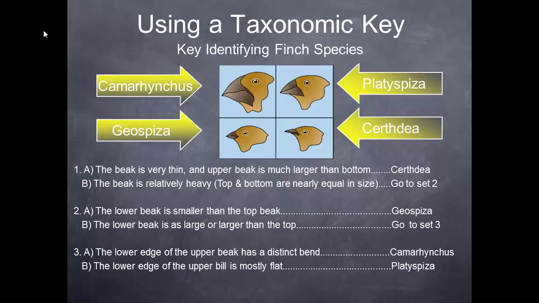So you can be very clear. But counting things is usually a good thing to use because it's obvious. We have 2 statements for each of the numbers, and they either tell us to go to another set of numbers, or they give us the identity of that organism.